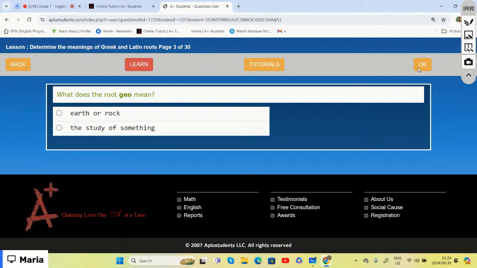So the root geo, is it to do with earth or rock, or the study of something? So we need to say, what does the root geo mean?